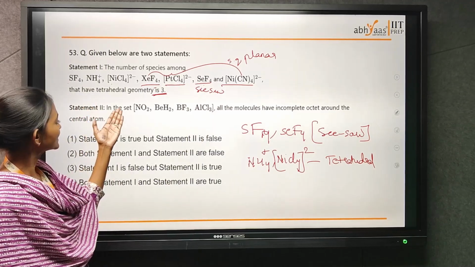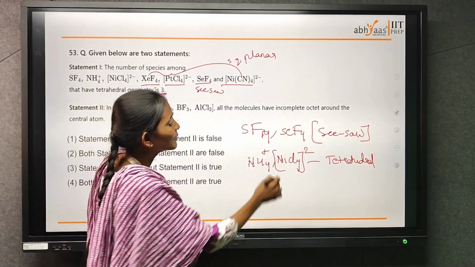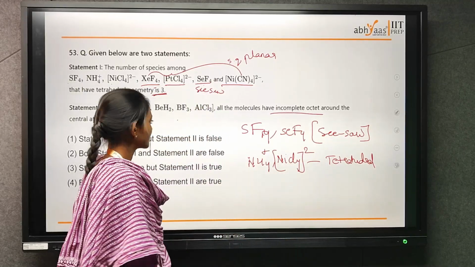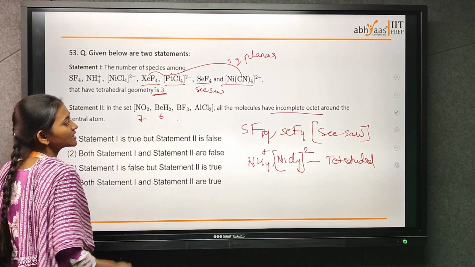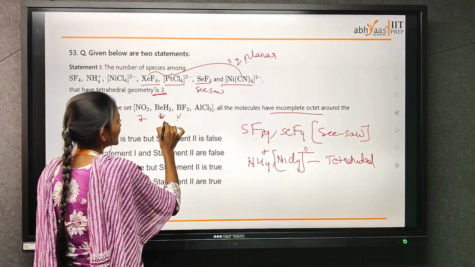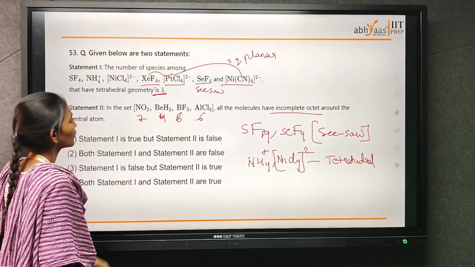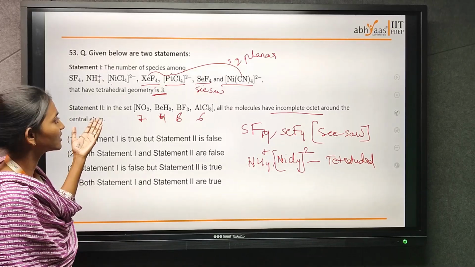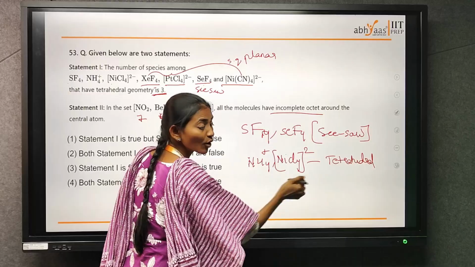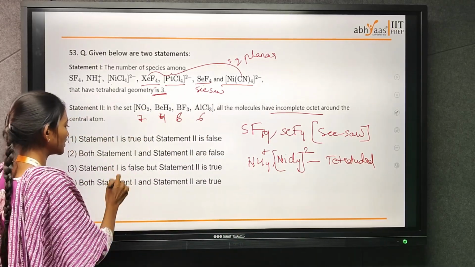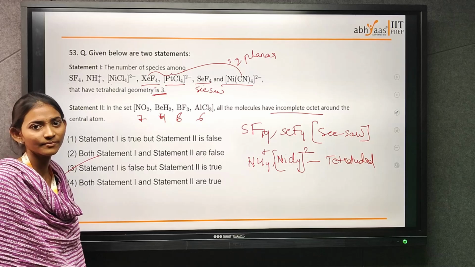And they are telling that in the set of NO2, beryllium, boron and aluminum, all have incomplete octet. Yes, these are incomplete octet: here we have 7, here 6, beryllium 4, and boron 6. So they say the tetrahedral geometry count is 3, but we have only 2. Therefore statement 1 will be false and statement 2 will be true. Option will be 3.